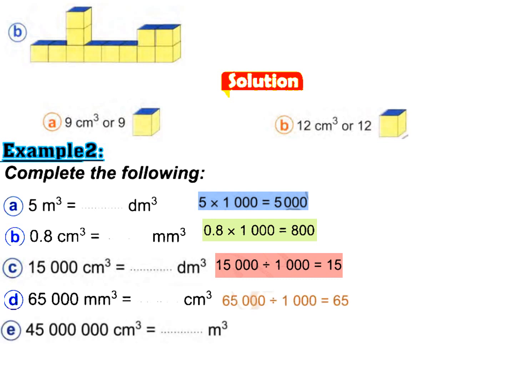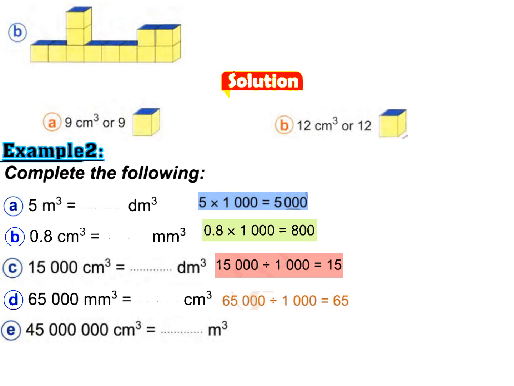Okay. Letter E, 45 million centimeter cube, converting it into meter cube. Firstly, I convert from centimeter cube to meter cube. This means from the smallest unit to the greatest unit. So I will divide. But I will divide this number 45 million by what?